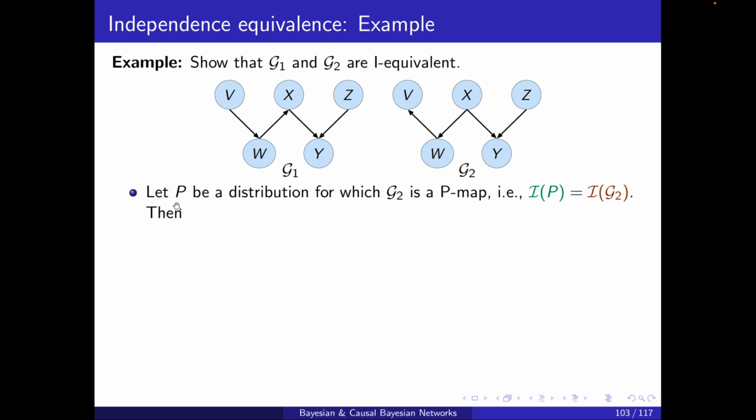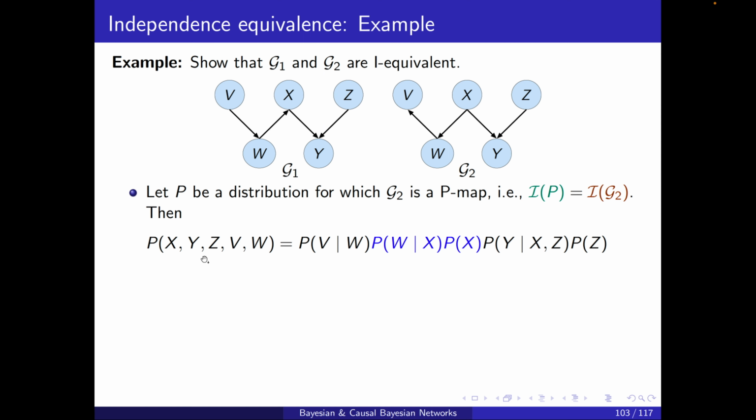Okay, here's the idea. Let P be a distribution for which G2 is a P-map, meaning that I of P matches I of G2. So I'm looking at this graph and considering a distribution P over all the variables so that the independencies are exactly the same as those imposed by G2. Now, I can write down the joint distribution and factorize it according to G2 in this way.